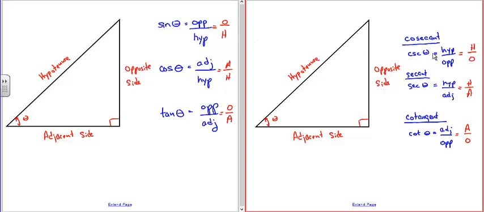As we'll see later, the cosecant is equal to 1 over the sine of the angle. The secant is defined as the length of the hypotenuse over the adjacent, which is the reciprocal of the cosine, adjacent over hypotenuse. And the cotangent is adjacent over opposite instead of opposite over adjacent. So those are the 6 trig functions.